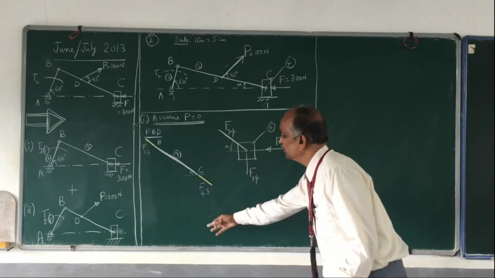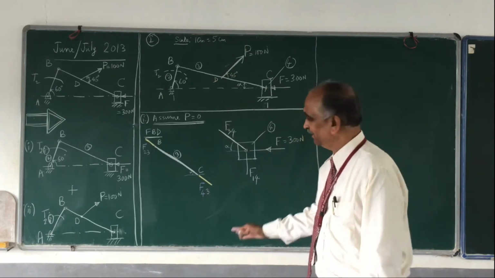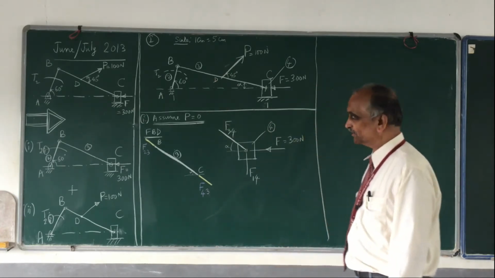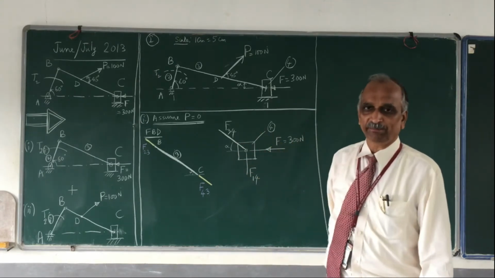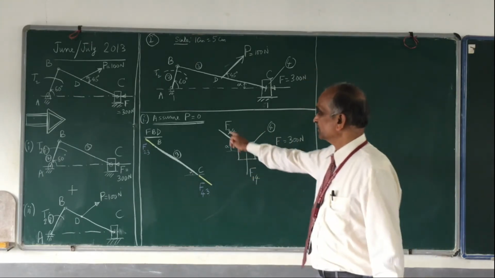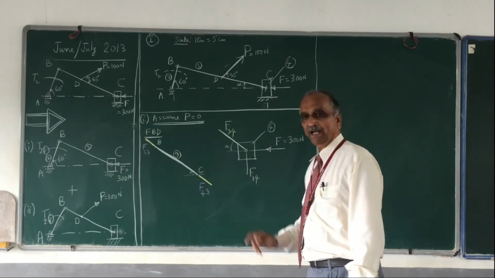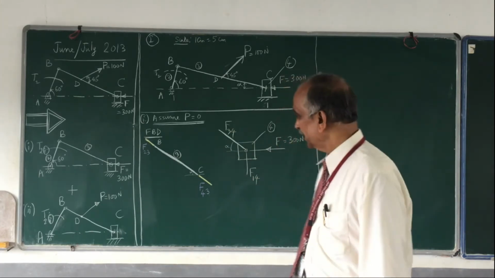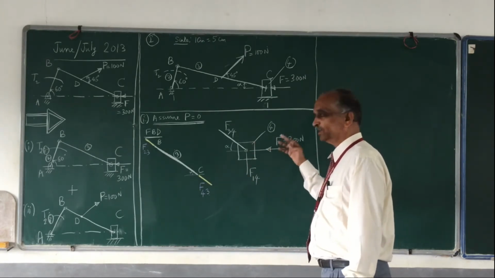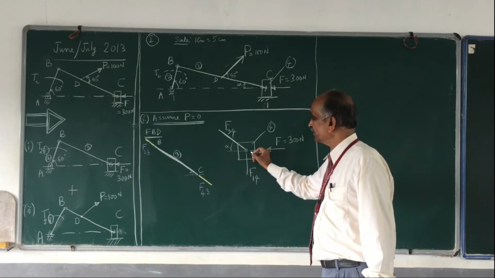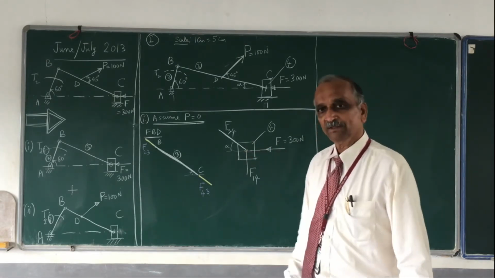Before you go to the link number 2 free body diagram, let me complete this analysis. Link number 4 is a 3-force member. Which are the three forces? F3,4, F1,4 and F. Out of these three forces, one is known, and all three have a common point; all of them pass through the center of this pin.